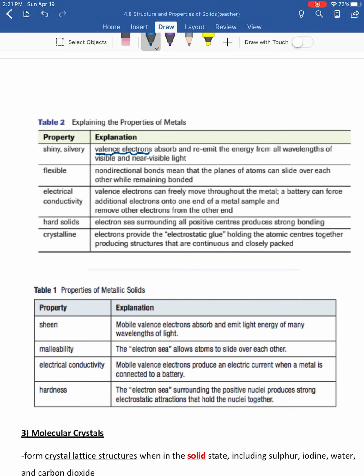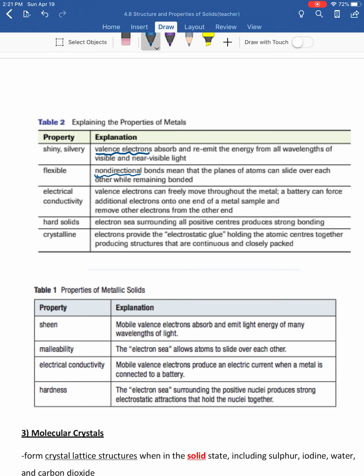Flexible. Now, we know we can bend metals, we can make metals take different shapes, like I said, ductile and malleable. It's because those electrons are not stuck to one place. So non-directional bonds, because it's a fluid electron sea, means my metal isn't rigid like a crystal.